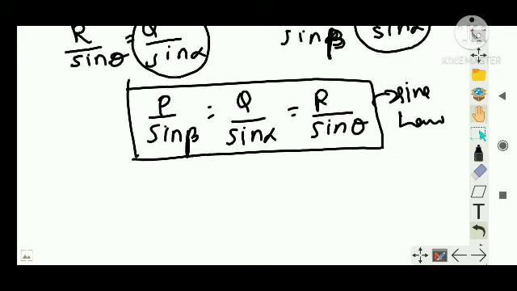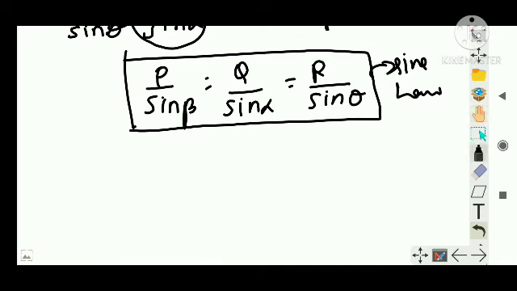Clear? Now, how can I utilize this to find our angle alpha? Alpha is the angle made by the resultant R with P. I can just compare these two because we know the angle between the vectors.